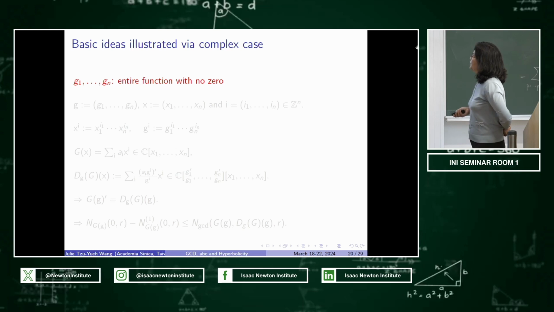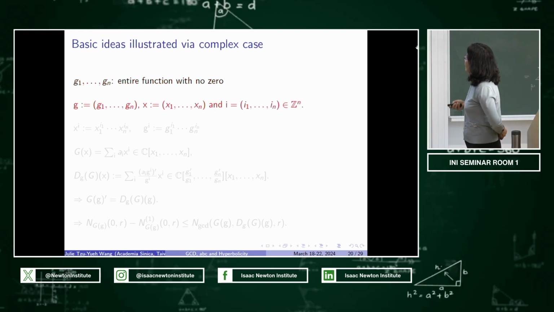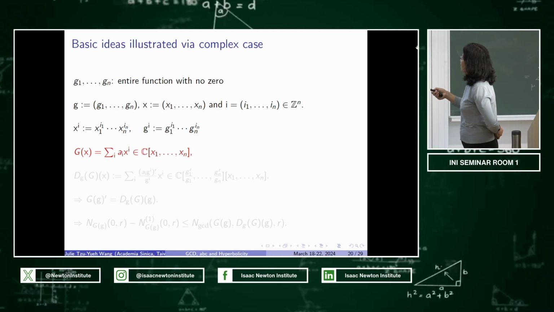Okay, so let me explain this in the complex case. So let's see what's the basic idea here. Let's start with a unit. Okay, and then we make the short notation here. Now let's write g(x) in this form, and then let's do it again.